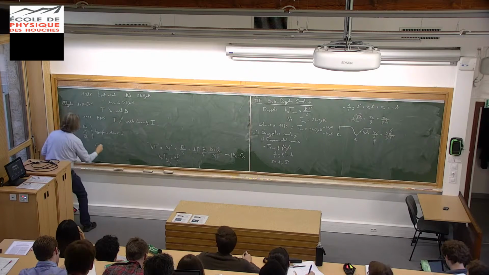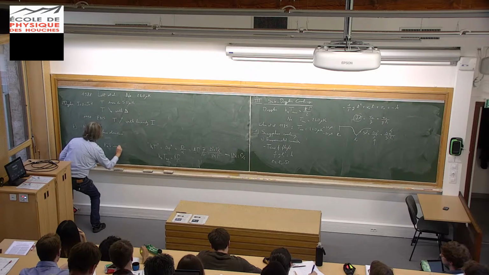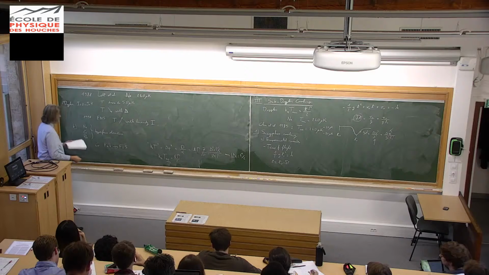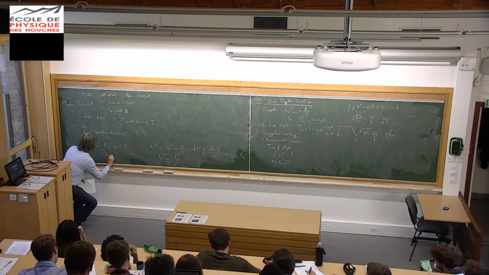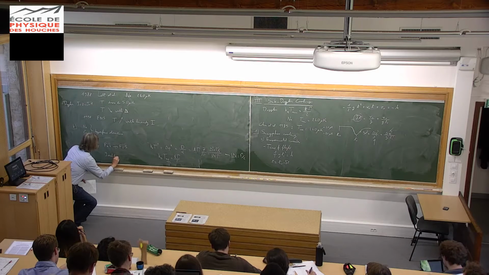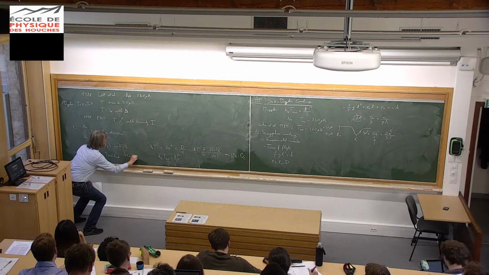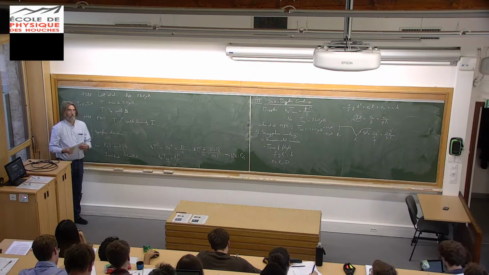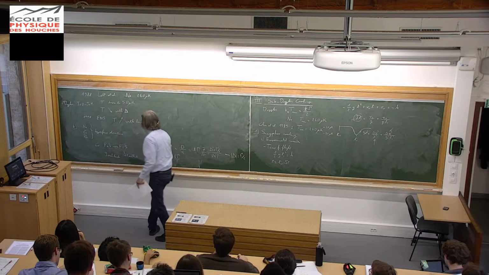For cesium, in fact, you are dealing with a F = 4 to F' = 5 transition, which means that here you have 9 sublevels, and here you have 11 sublevels. So in fact, you have to deal with a 20 level system. Okay, too much.